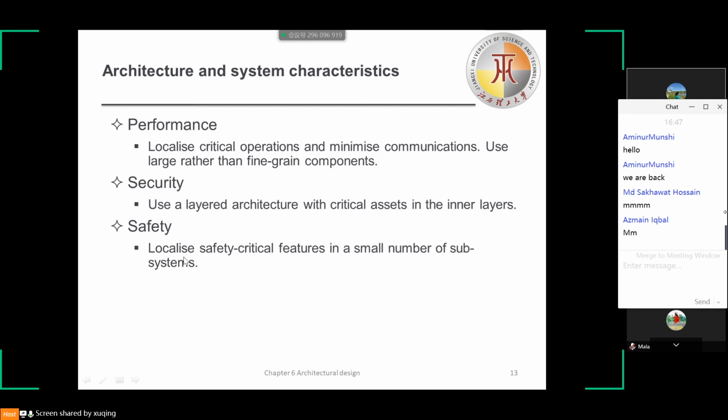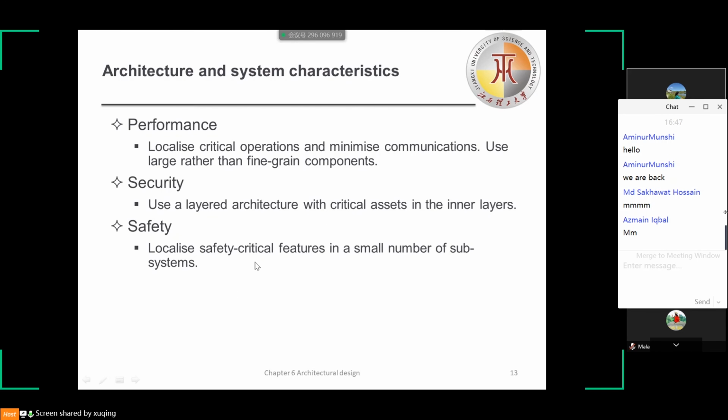Like said here, localize safety critical features in a small number of subsystems. This will reduce the costs and problems of safety validation and makes it possible to provide related protection systems that can safely shut down the system in the event of failure.